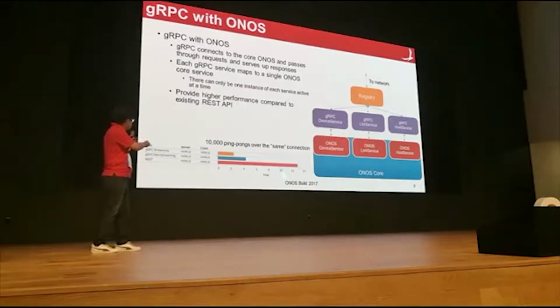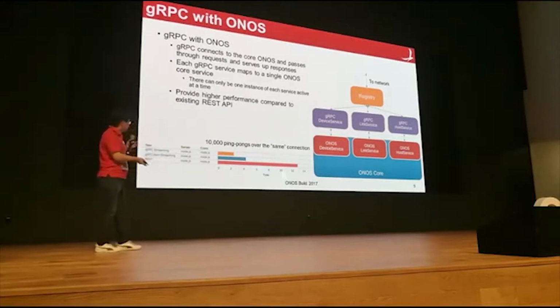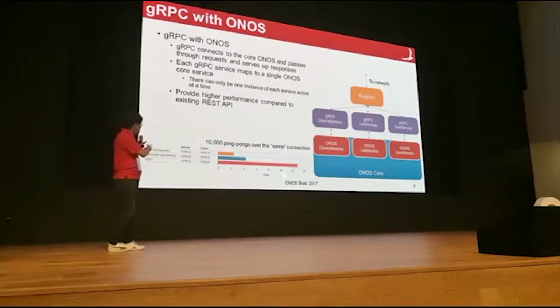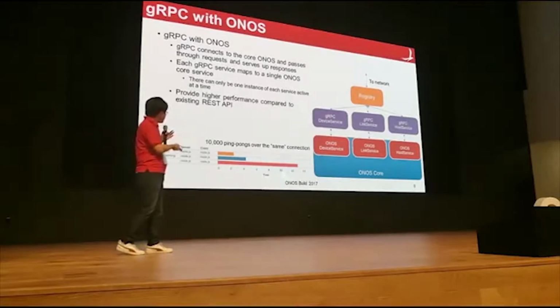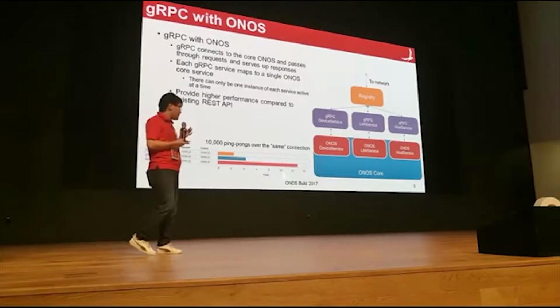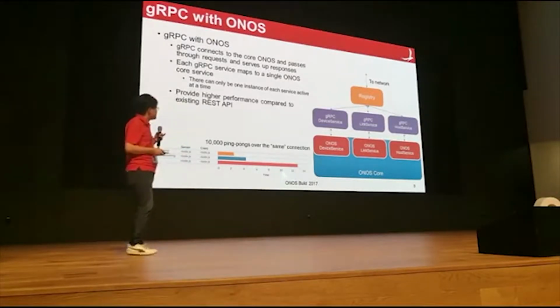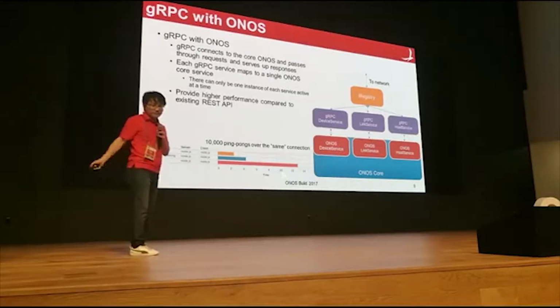If you use REST to run the tests, it is going to consume 12 seconds, which is a really heavy workload. If we use gRPC, it reduces the time almost by a factor of five. So it provides very high performance efficiency, and it uses several techniques to realize this.